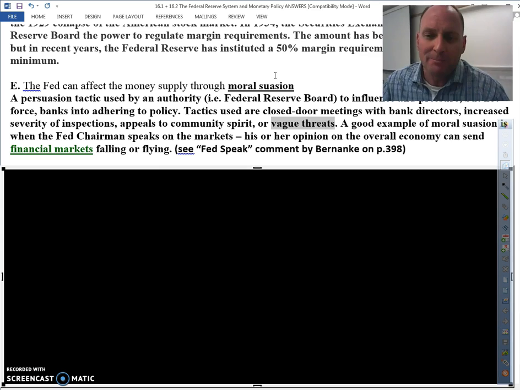And you would not believe how the markets can go crazy if Janet Yellen says something like this. She may say, the Federal Reserve is considering raising the Fed funds rate to 2%. Now, she said considering, didn't say she was going to.